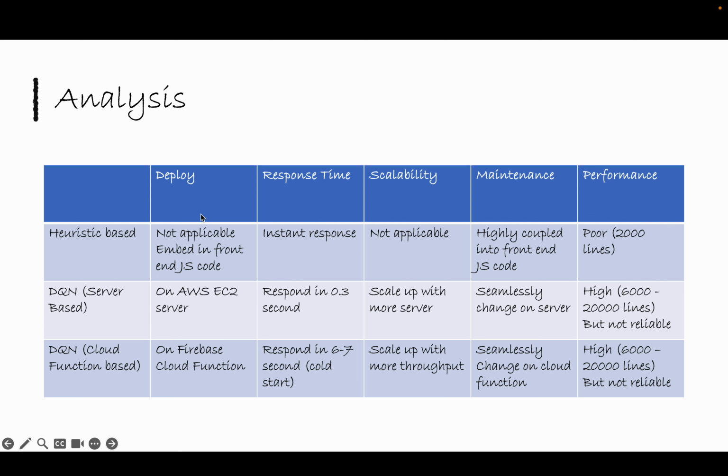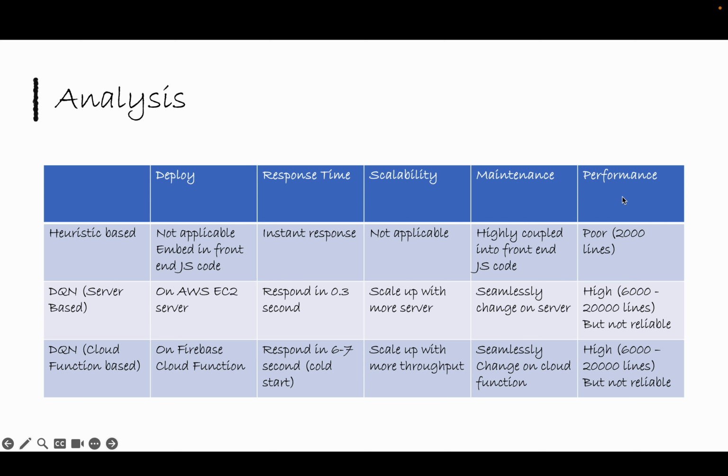For the response time, for the heuristic-based method, it is relatively low because the code is purely embedded in the front end using JS. As for the deep Q learning deployed on the server, the response time is around 0.3 seconds, and the cloud function-based one can take a lot longer due to the cold start of the cloud function, which means that after some time with no one calling the function, the resources are released, and that's the main reason behind the long response time.